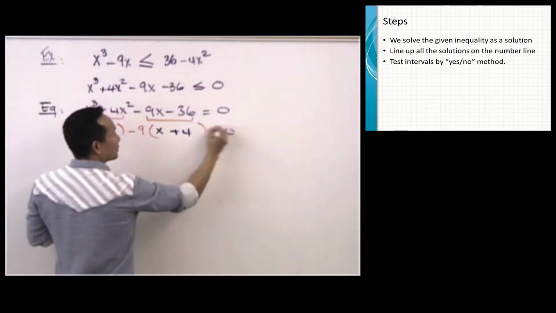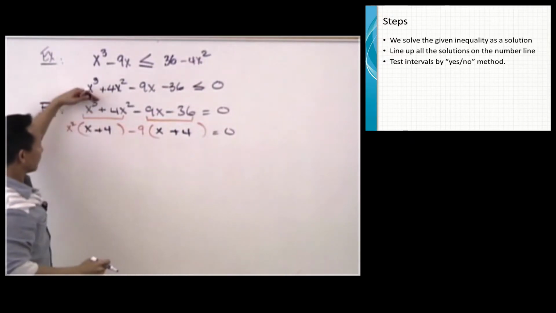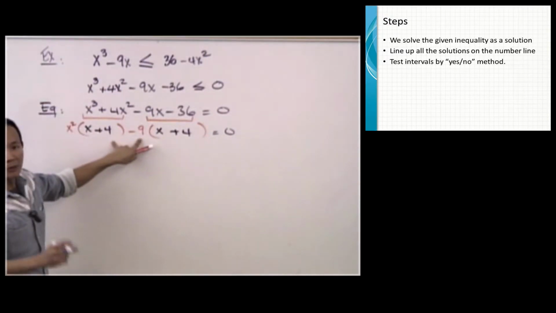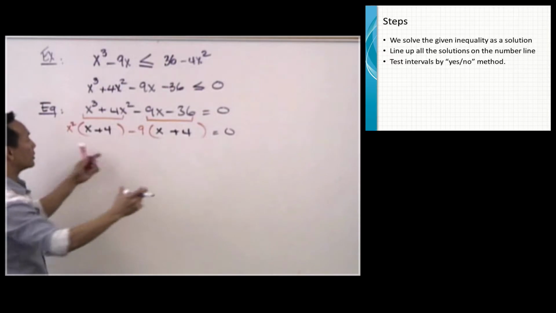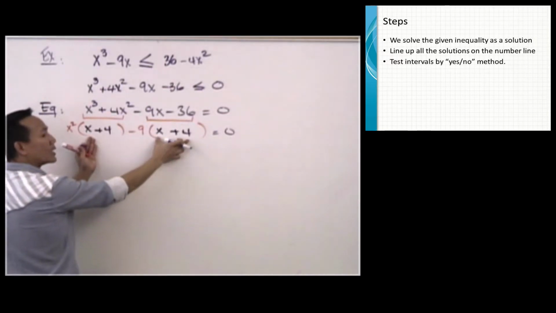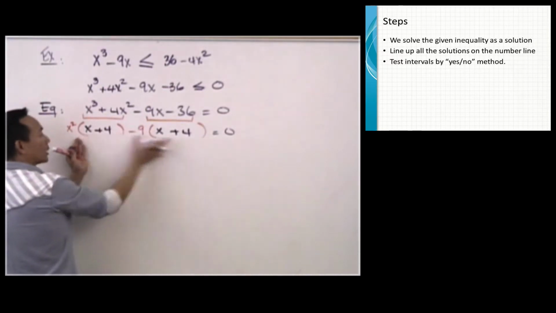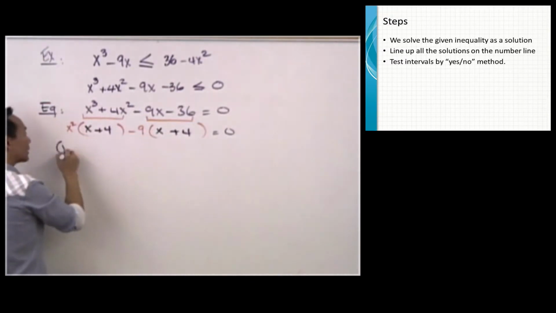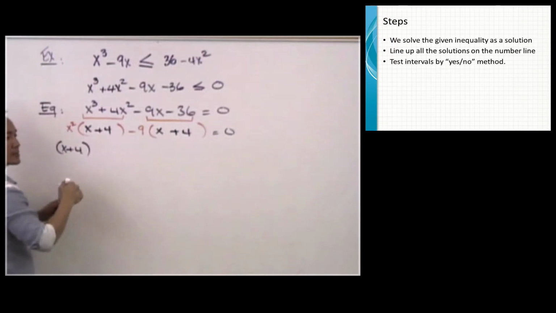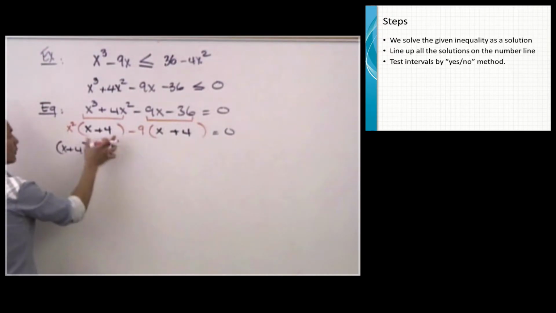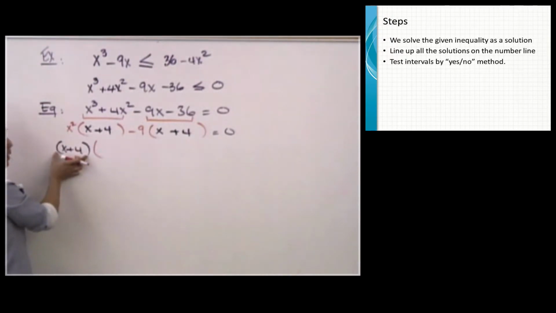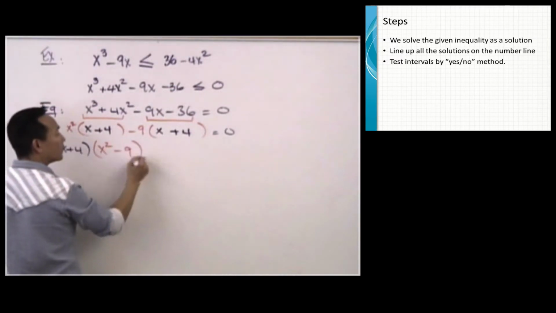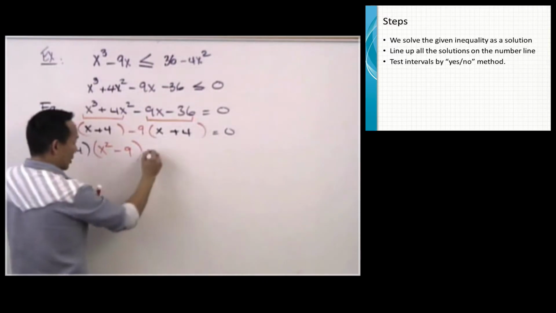So from the 4-term polynomial, I narrow down to a 2-term polynomial, and each term carries a quantity x plus 4, so that is the GCF. Then we factor x plus 4 out. For this term, I have x squared left. For this term, I have negative 9 left, equals 0.